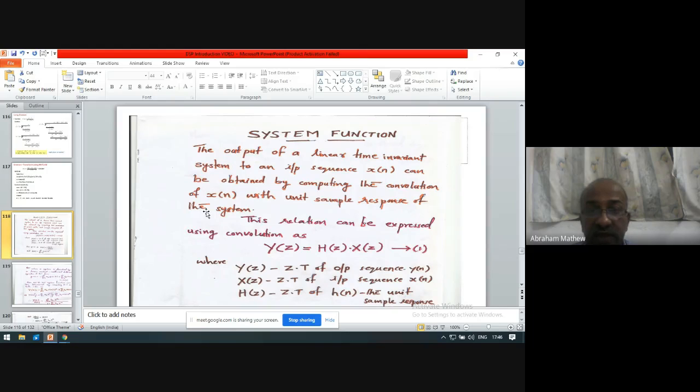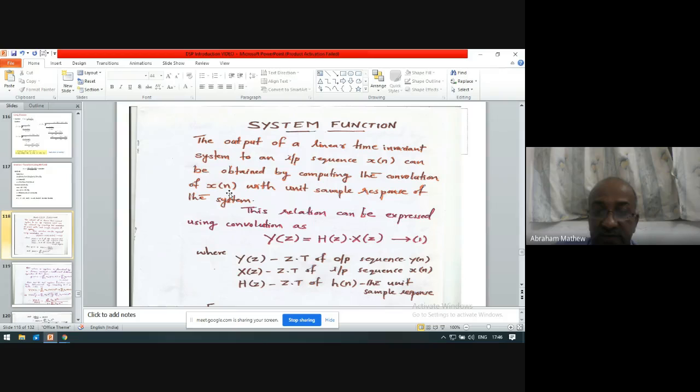The output of a linear time invariant system to an input sequence x of n can be obtained by computing the convolution of x of n with unit sample response of the system. This relation can be expressed as Y of z is equal to H of z into X of z.